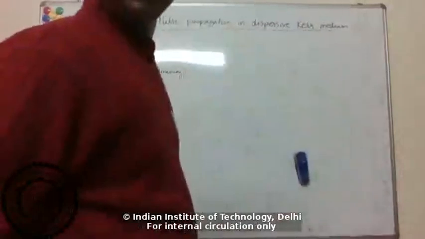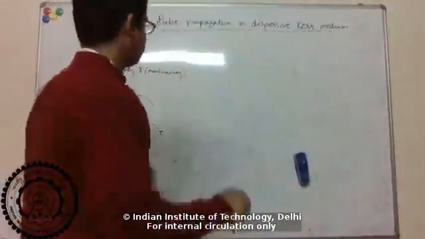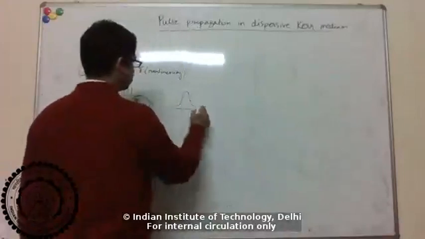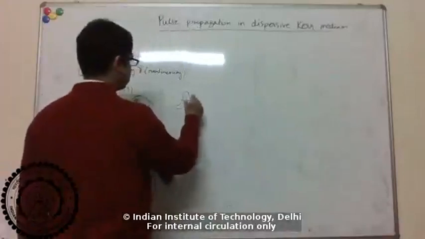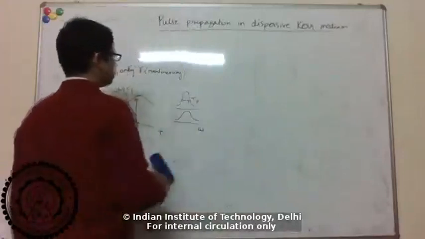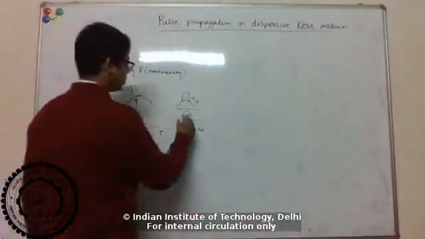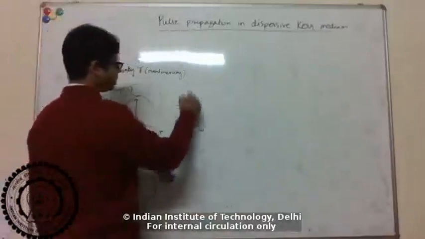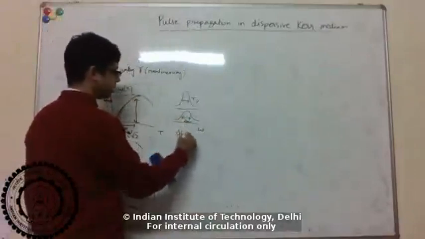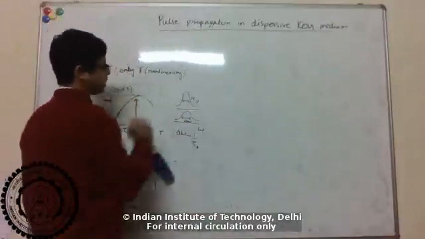So basically, the idea is, you start with some pulse. It has some time duration and some bandwidth. Let's say you start with a transform limited, unchirped pulse, so this delta omega is basically 1 over tau p.